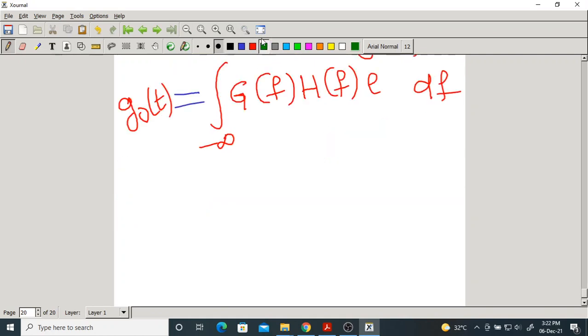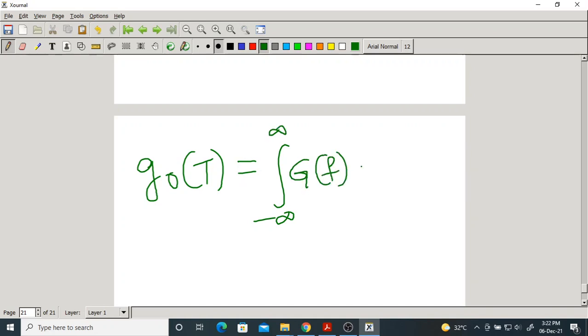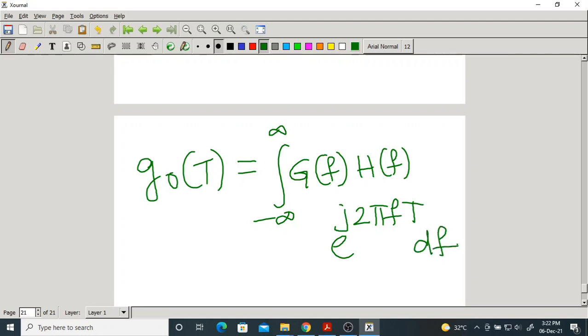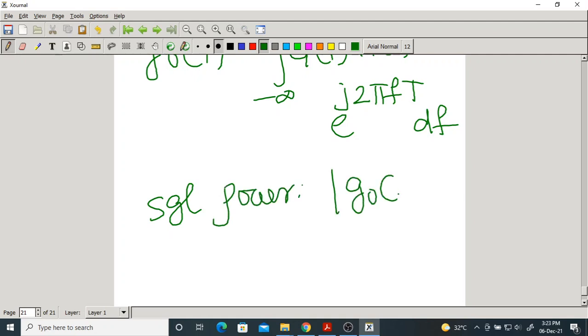We want G naught of capital T, sampled at t equal to capital T. Obviously replace small t with capital T: the integral from minus to plus infinity of G of f H of f e power j 2 pi f capital T df. This is G naught of T. But what is signal power? Mod G naught of T whole square.